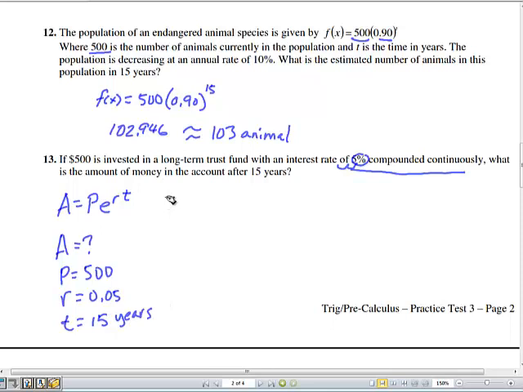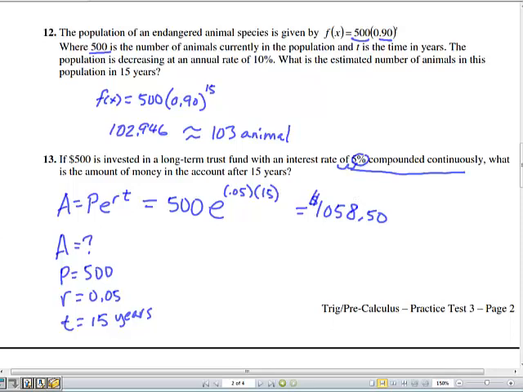Putting this all together, A is equal to 500 times e to the 0.05 times 15. Doing this on my calculator, I get 1,058.50.